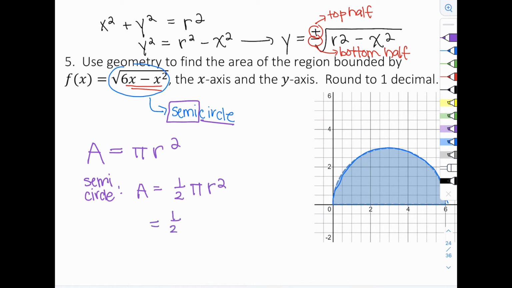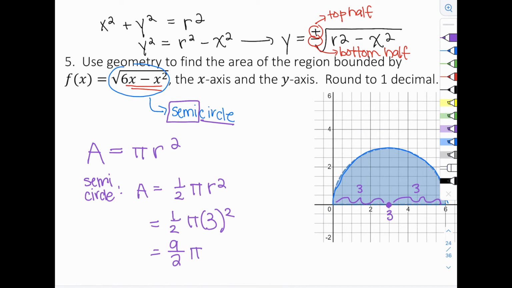In this case, if we think about the center here, since it goes from 0 to 6, it would be at 3. So that means the radius is 3, so that would be 3 squared. So our answer is 9/2 times pi.